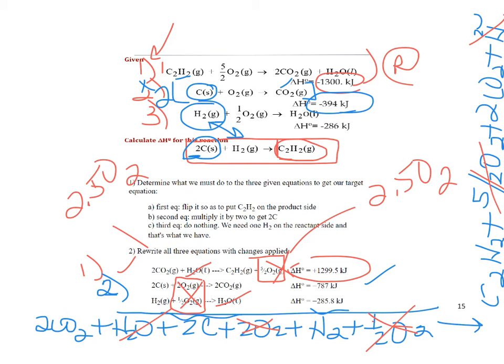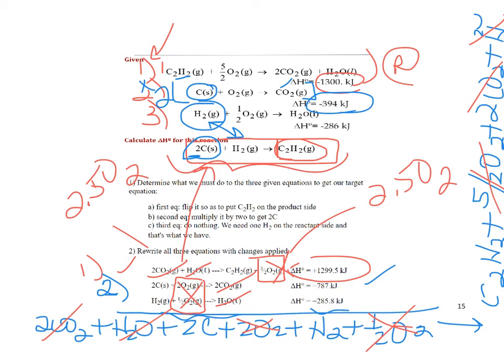Okay, is there anything else that we can cancel out? Carbon dioxide. All right, so what are we left with? After you cancel out everything that looks the same on both sides, we are actually left with this, the reaction we want.